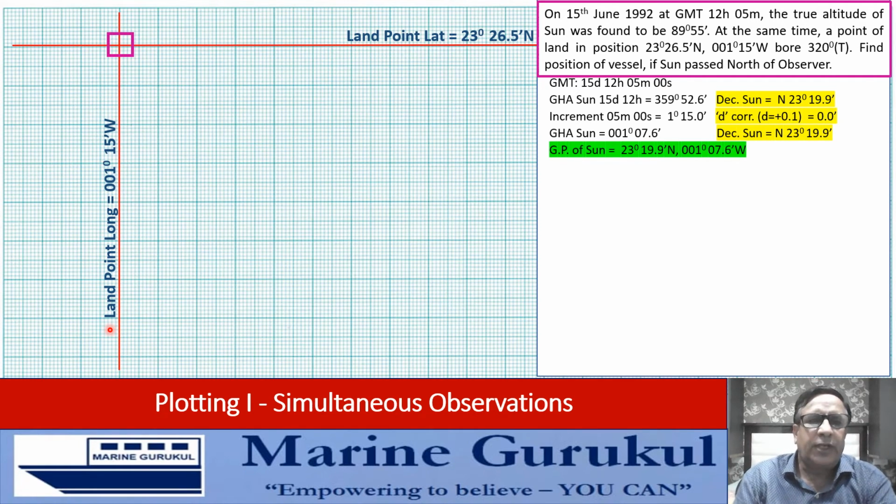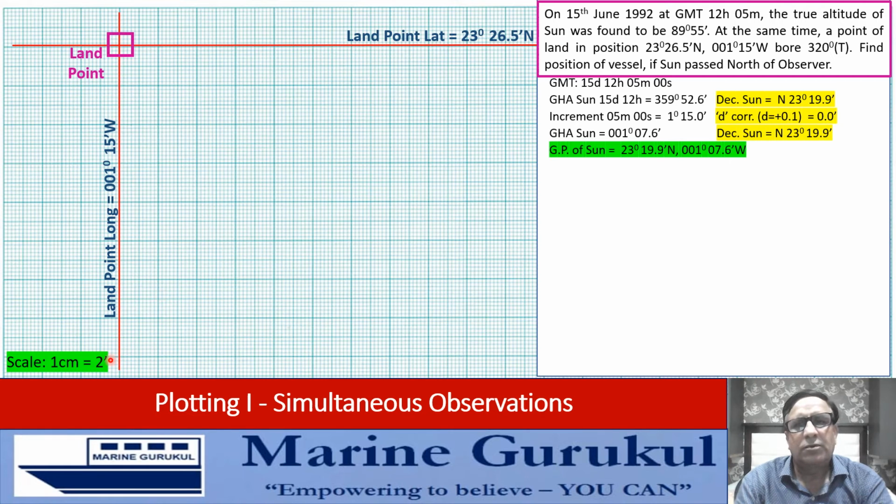Now this, obviously, is the landmass, the point on land whose bearing has been taken to give us the second PL. Since the distances involved are a little bigger, we can have a smaller scale: 1 centimeter equal to 2 minutes or 2 miles.